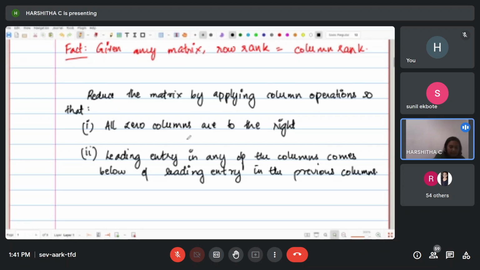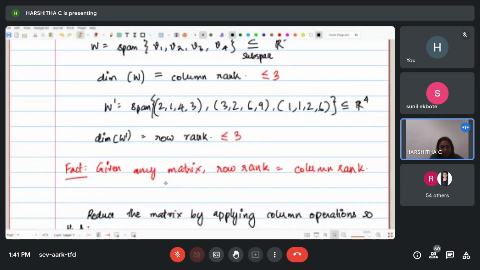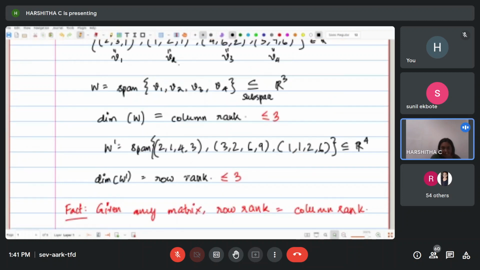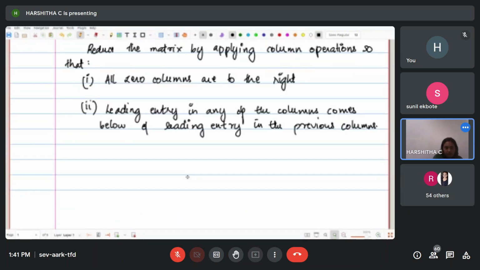Okay, so let us take the matrix in hand: 2, 1, 4, 3; 3, 2, 6, 9; 1, 1, 2, 6. We'll reduce it to this form.